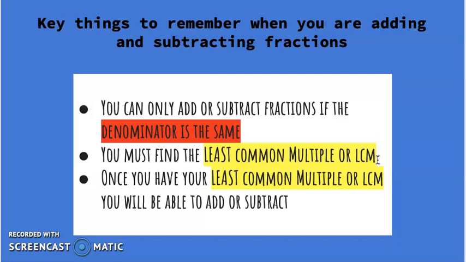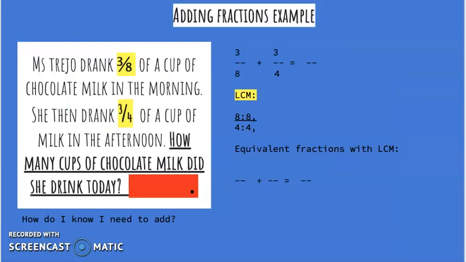Once you have your LCM, you create equivalent fractions for your original fractions in order to be able to add or subtract. So let's jump right into our examples, and you'll see what I mean by equivalent fractions in a little bit.